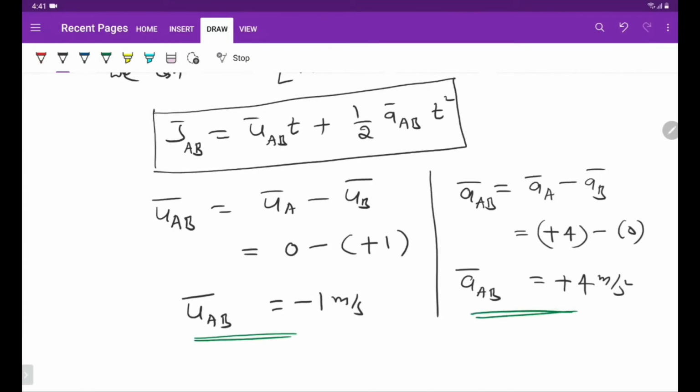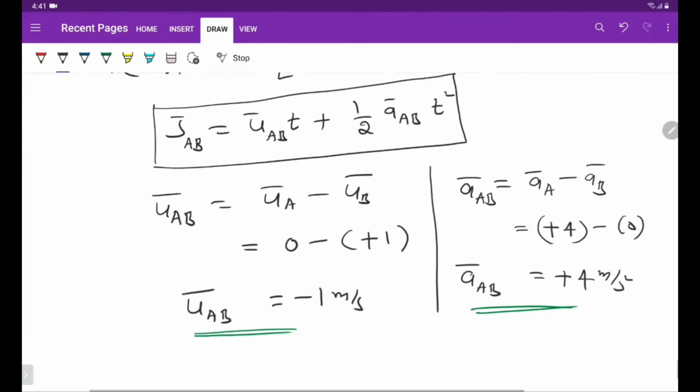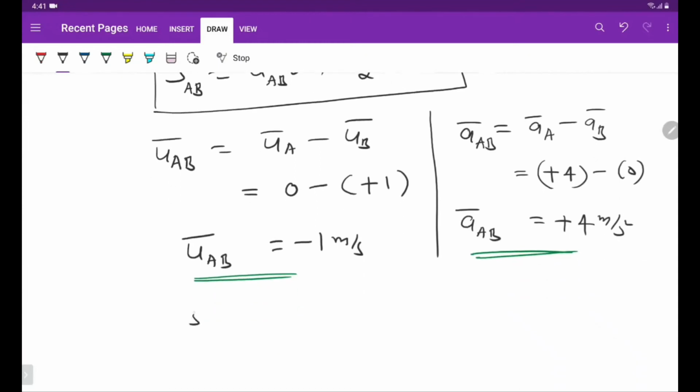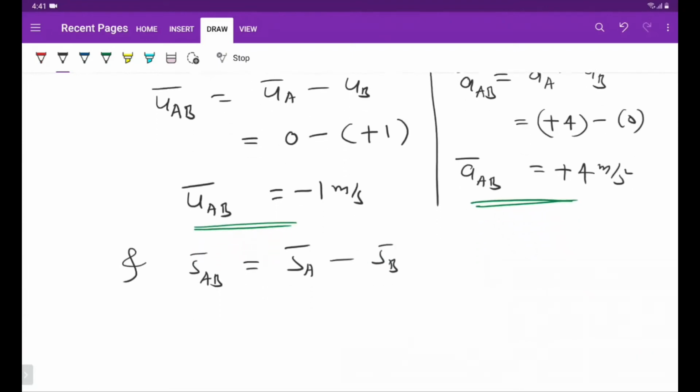Next, we want displacement of A with respect to B. So displacement of A minus displacement of B. See, relative displacement we want.